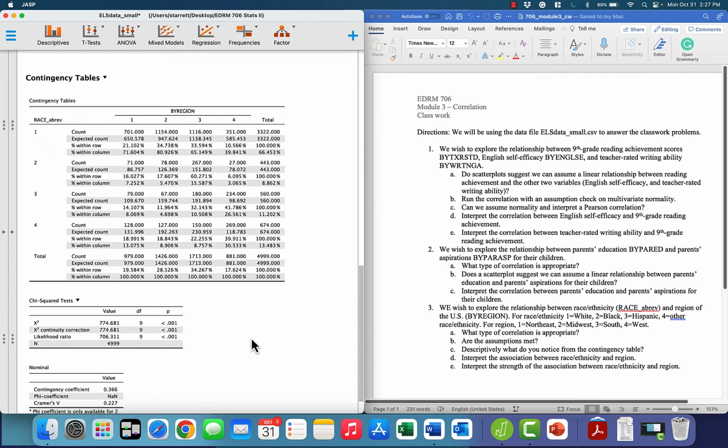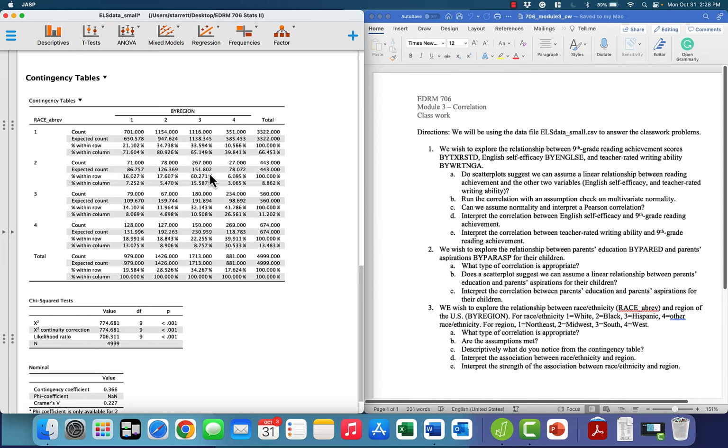Descriptively, what do you notice from the contingency table? Well, when we look at the contingency table, let's see. All right, so we see up here in region, we've got Northeast, Midwest, and South. So we are in the South. So let's just take a look here at what is observed versus expected. So we see higher than expected numbers of white people. We see lower than expected numbers of white people.